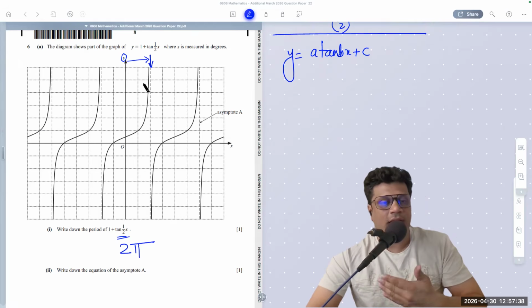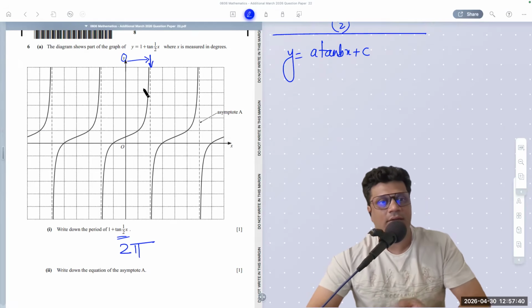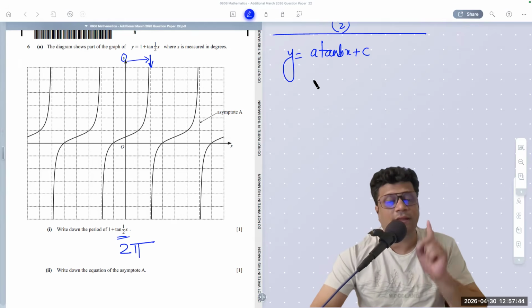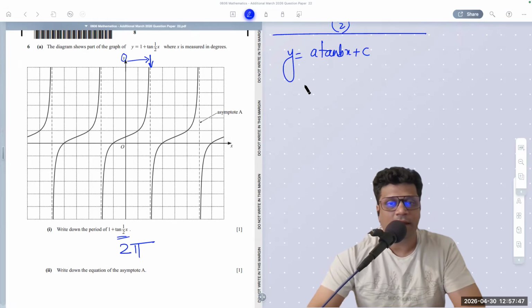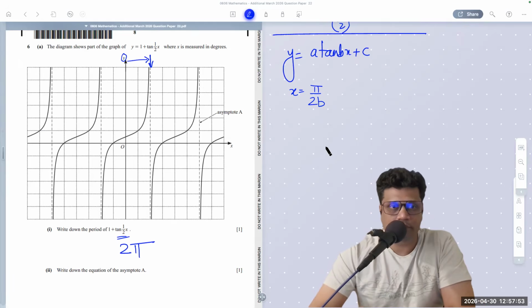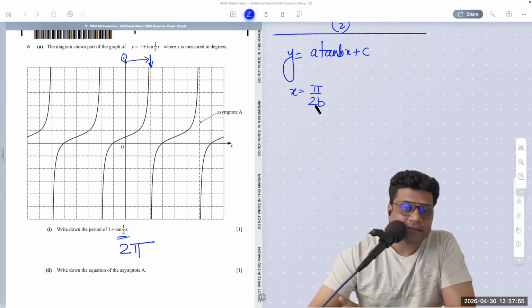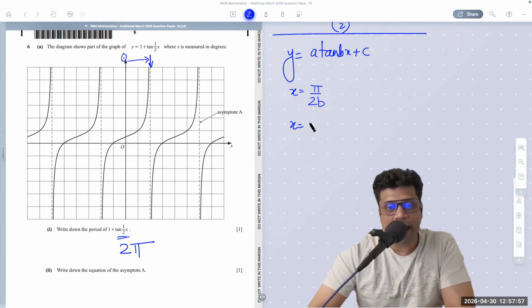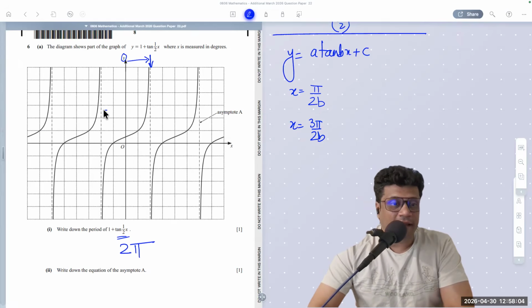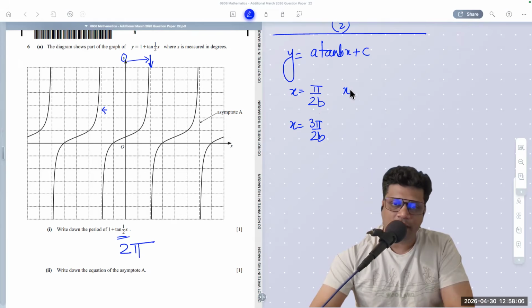The first asymptote that the curve comes across when you go to the right of the y-axis. Okay, that's your first asymptote. I know that the first asymptote is always going to be x equals pi by 2b. If you go to the right, the second asymptote is going to be x equals 3 pi by 2b. The one to the left is always going to be negative pi by 2b.